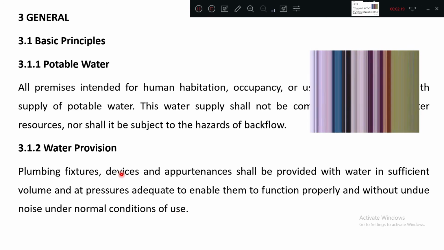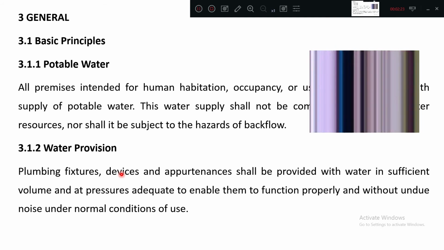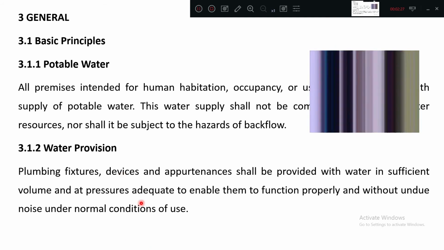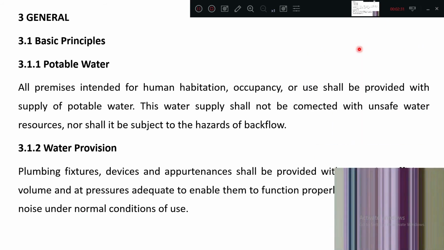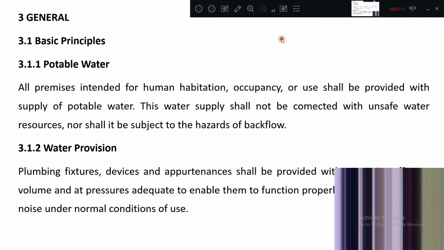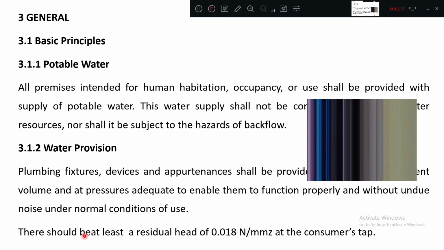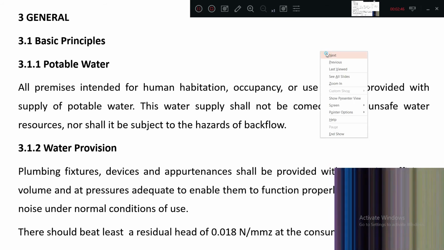So water provision means how you are providing water, how much volume, and what quality of water you are providing, so that the system is functioning in a proper way. There should be at least a residual head of 0.018 Newton per mm square pressure at the customer tap.